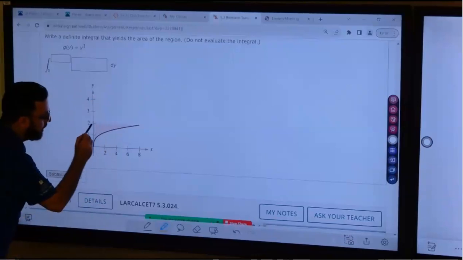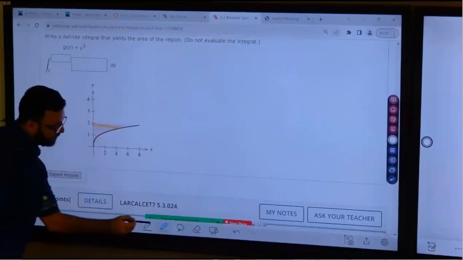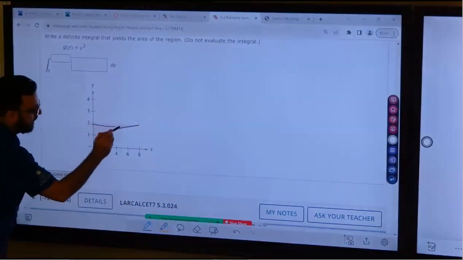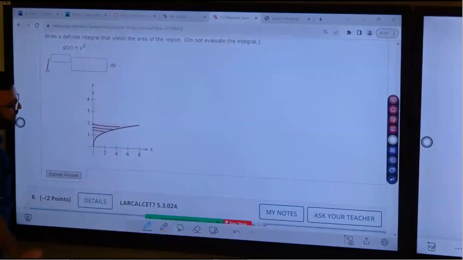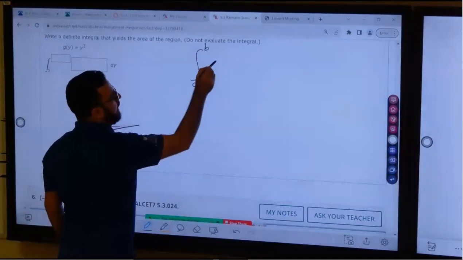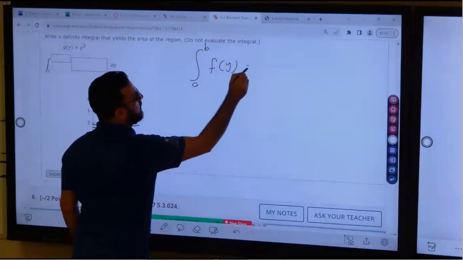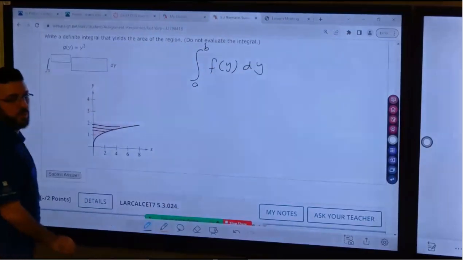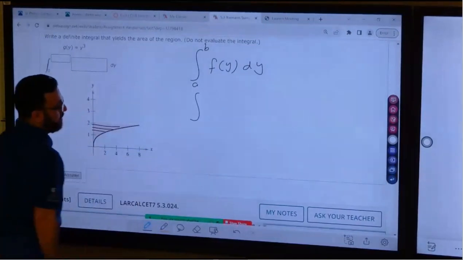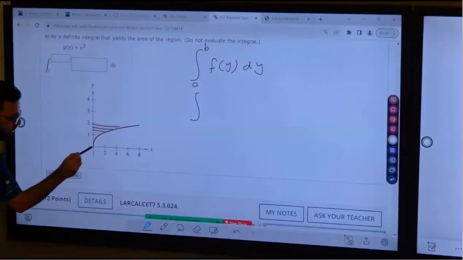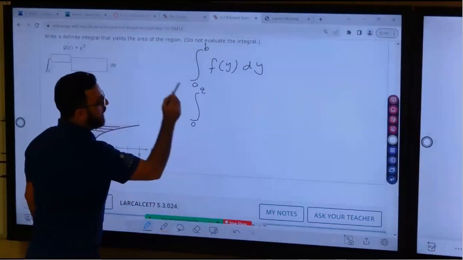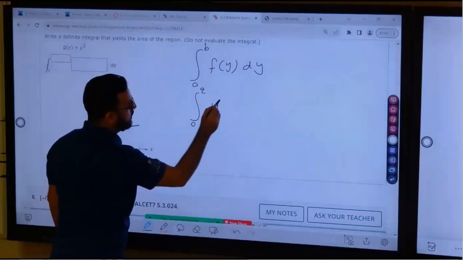The only way is to graph the rectangles like this with respect to the y. So that means our integral from a to b is going to be f of y dy. Not with the x. The integral is going to be from y equals 0 to y equals 2. From 0 to 2. And my function is y cubed.